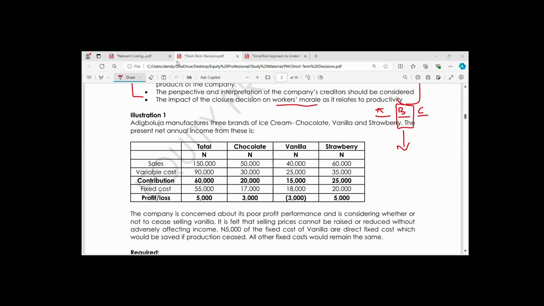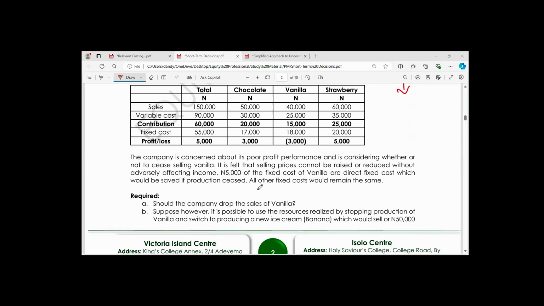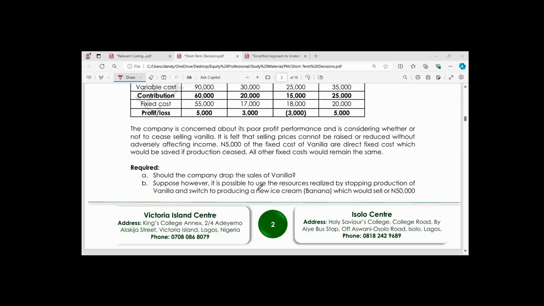The company is concerned about its poor profit performance and is considering whether or not to cease selling vanilla. It is felt that selling prices cannot be raised or reduced without adversely affecting income. 5,000 naira of the fixed cost of vanilla are direct fixed costs, which would be saved if production ceased. All other fixed costs would remain the same.